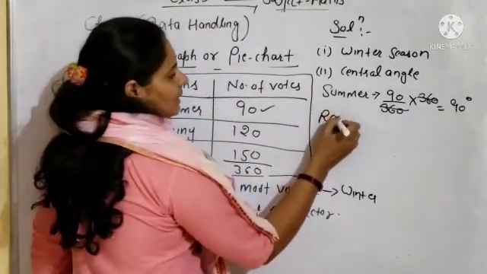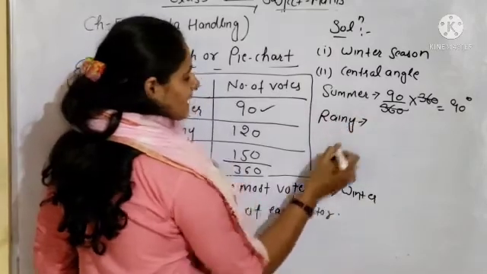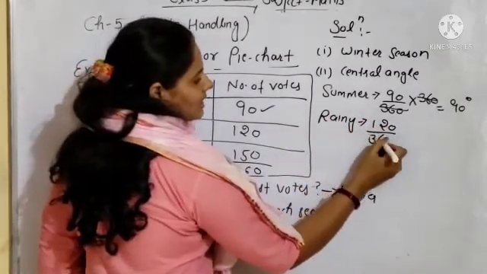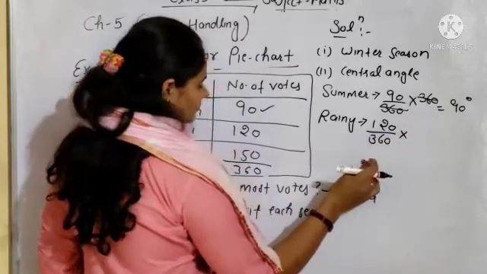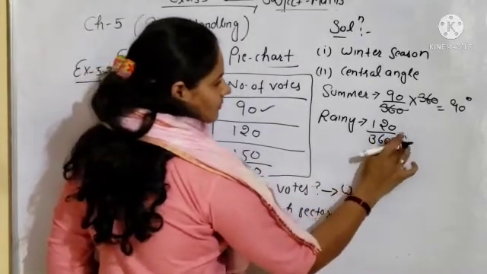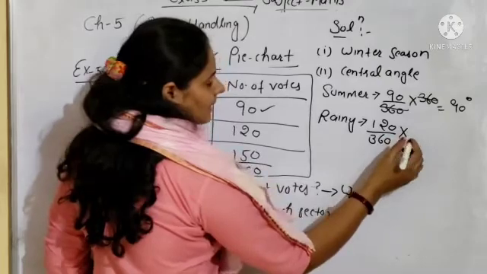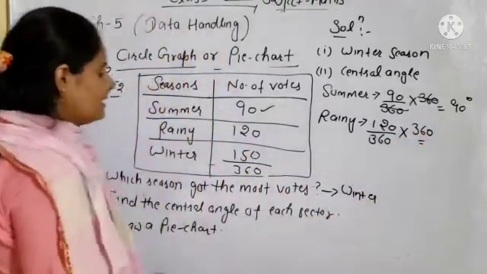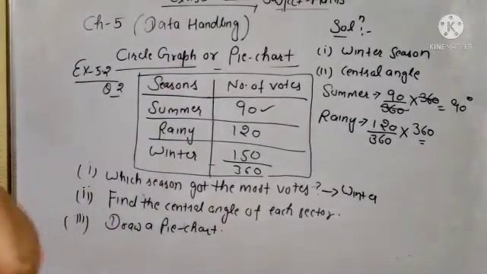Next, rainy season के लिए क्या होगा? Number of votes divided by total votes, multiplied by 360, the total angle. Is it clear?